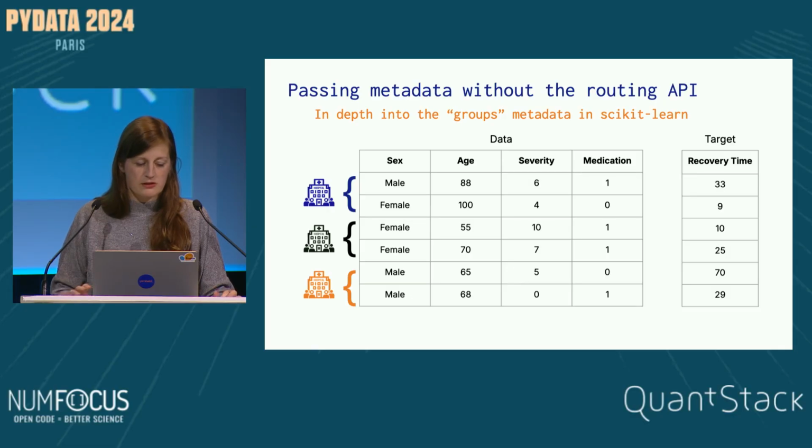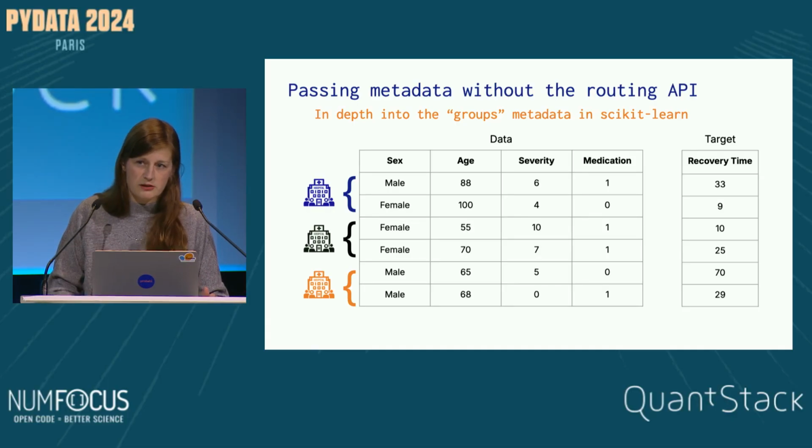You can see that those samples belong to certain hospitals, with the colorful icons on the left side. In this case, we would assume that there are some structural biases between the hospitals.